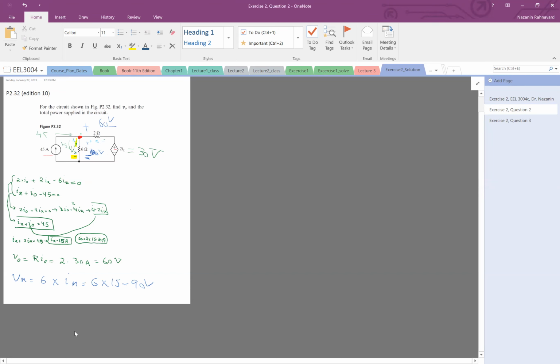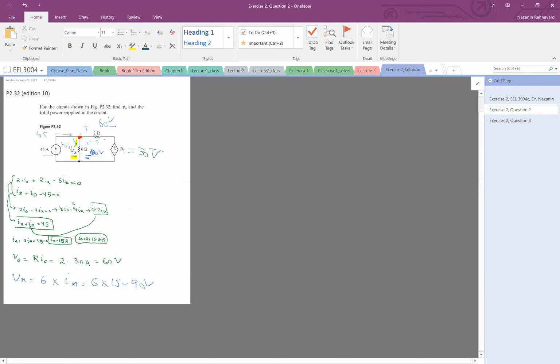As far as power, because it only wants us to find the power supplied, we know that the resistors cannot supply power, only the sources. But you have two sources, one independent, one dependent. So let's see if both are supplying or just one of them.